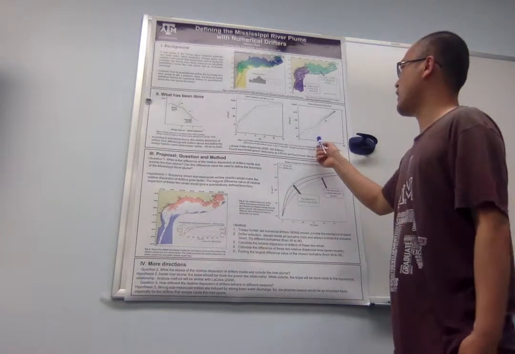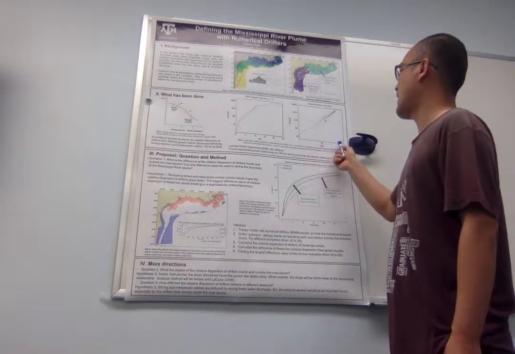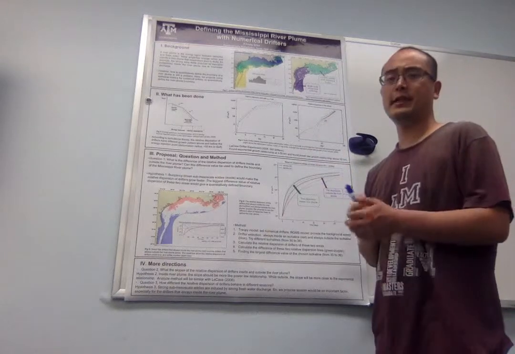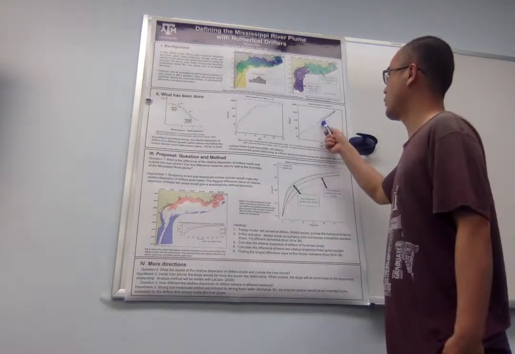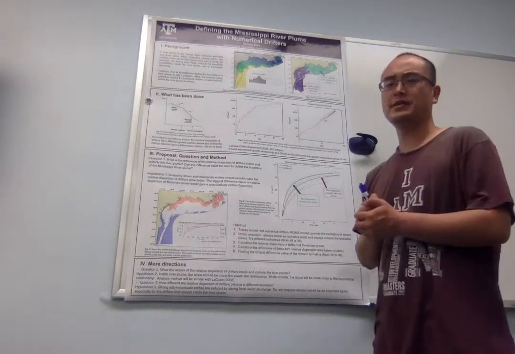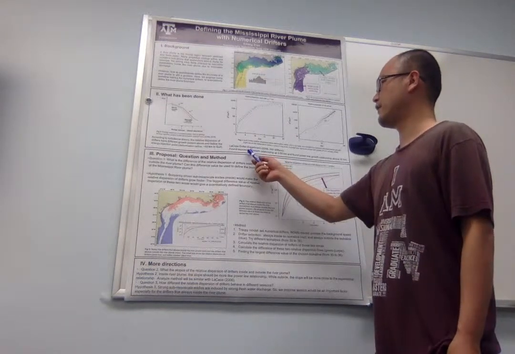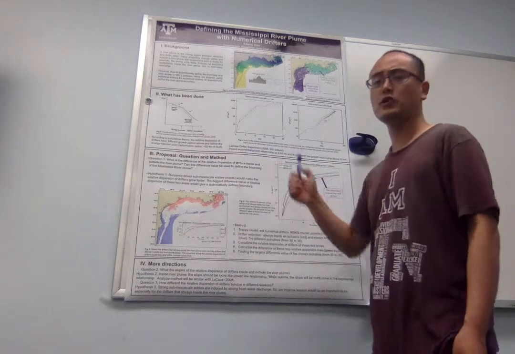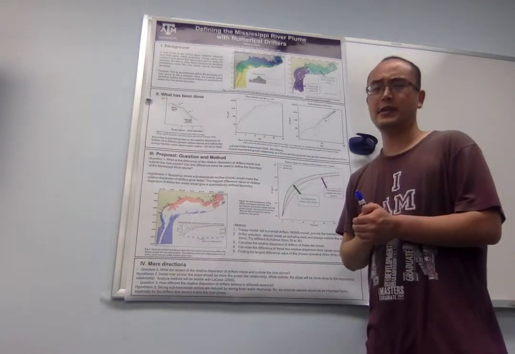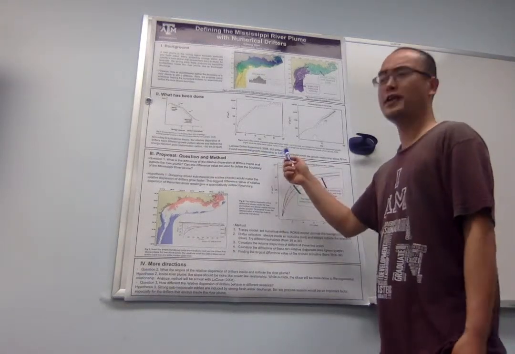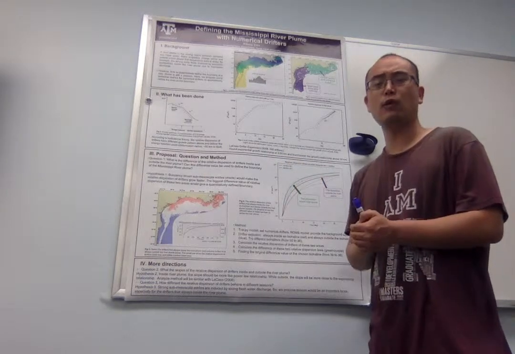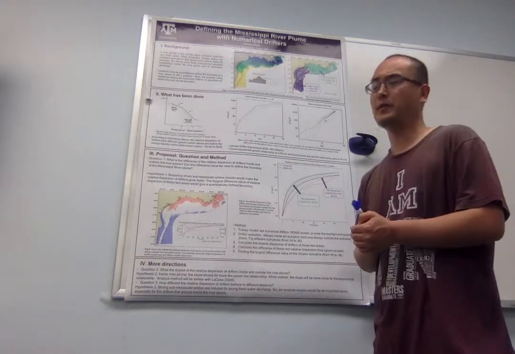In the right figure, both X and Y are in log scale. So a straight line here represents a power law relationship. Lucas' conclusion is that in the Gulf, the relative dispersion shows an exponential relationship below 50 kilometers and a power law relationship above 50 kilometers.